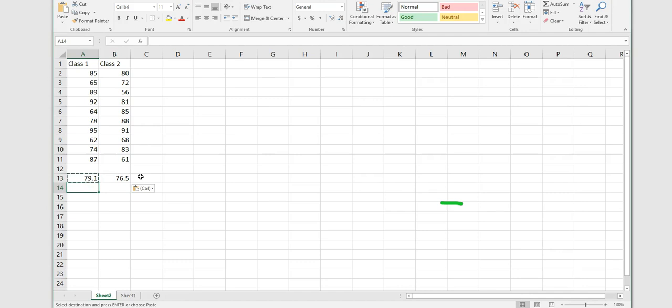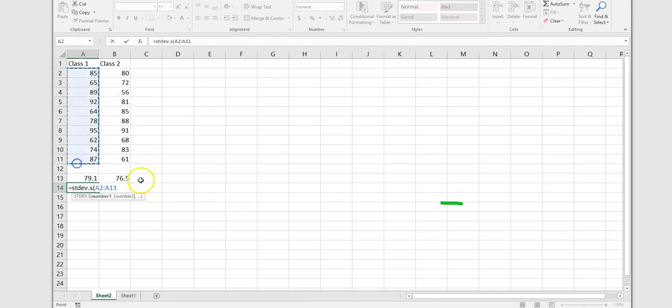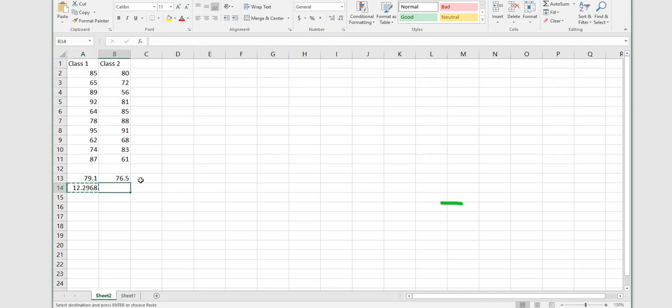Now we also have to calculate the standard deviation, so we'll use the stdev function, and we want to use the stdev.s for a sample. There's our standard deviation for class 1. Let's just copy that over here, and that'll give us our standard deviation for class 2.